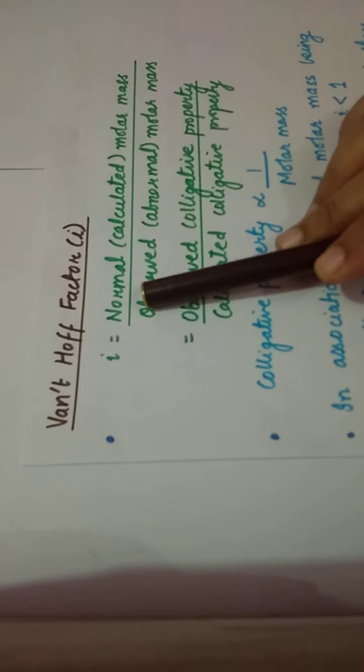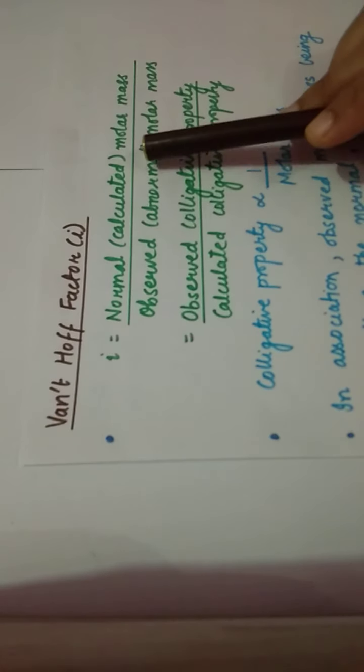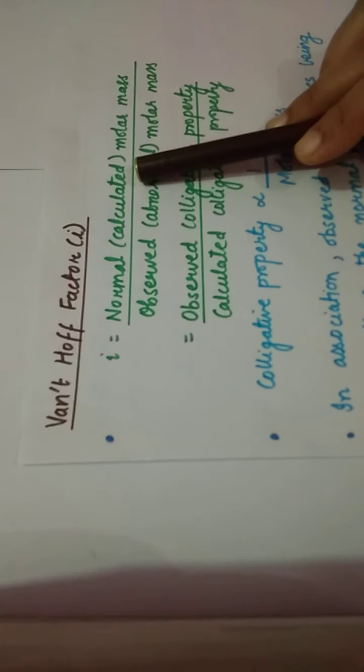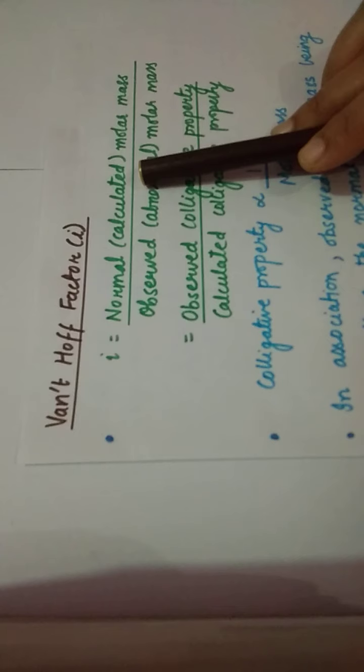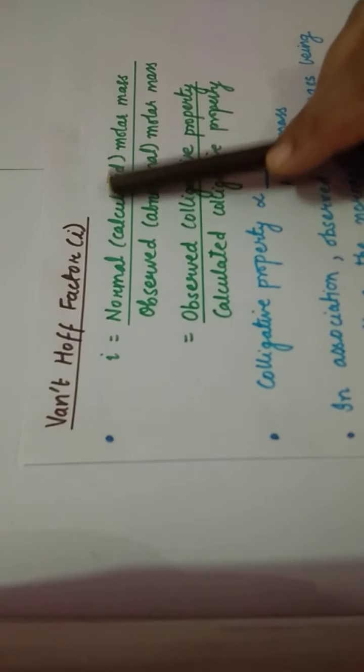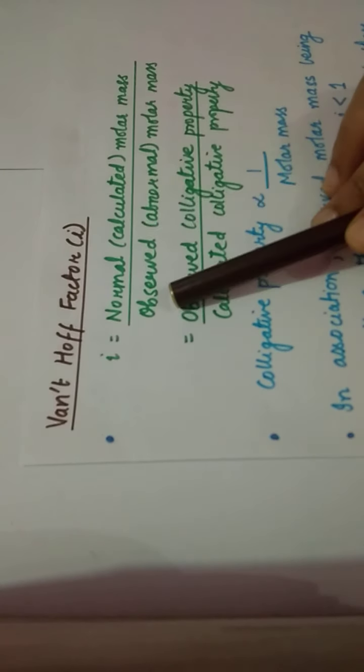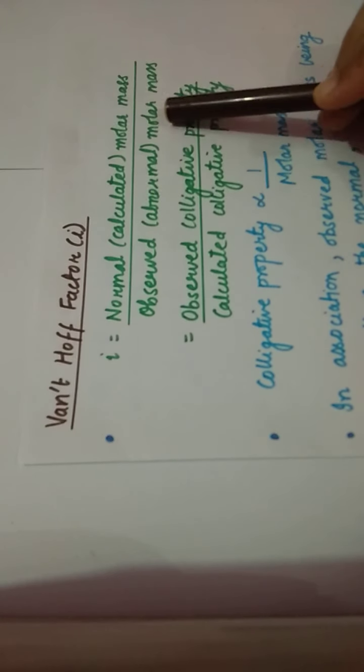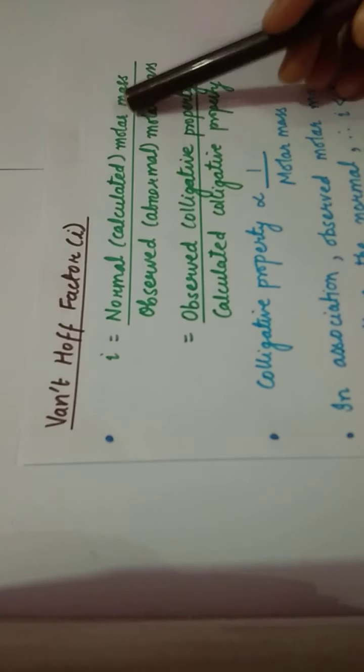So i is equal to the normal molar mass, that is calculated, which is generally the molar mass of a compound, divided by the observed or abnormal molar mass. What comes on top, child?